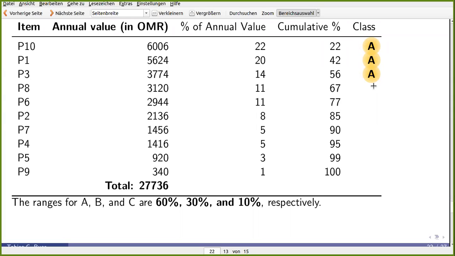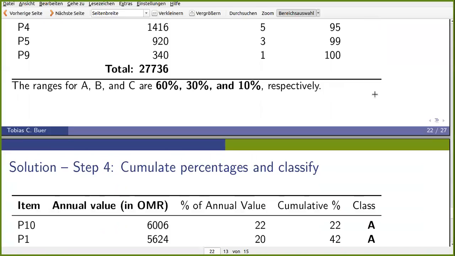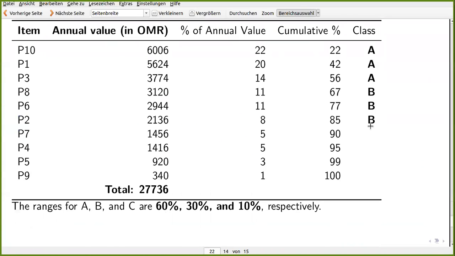And then we look at the next 30%. Everything that is lower than 90% would be in group B. Here, please pay attention.